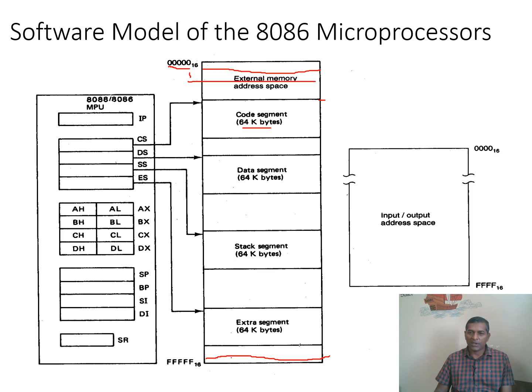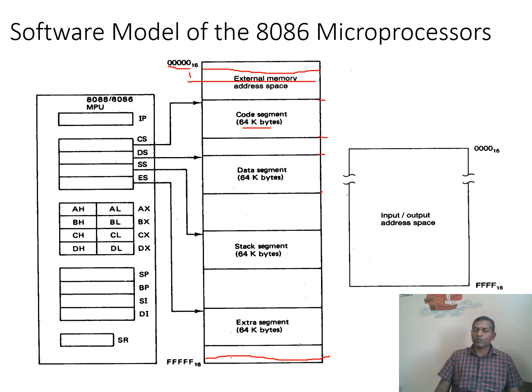A virtual partition will be done. These partitions are named code segment, data segment, stack segment and extra segment. It's just a name that has been provided. All these segments have their own purpose, and the memory will be used for some particular purpose.